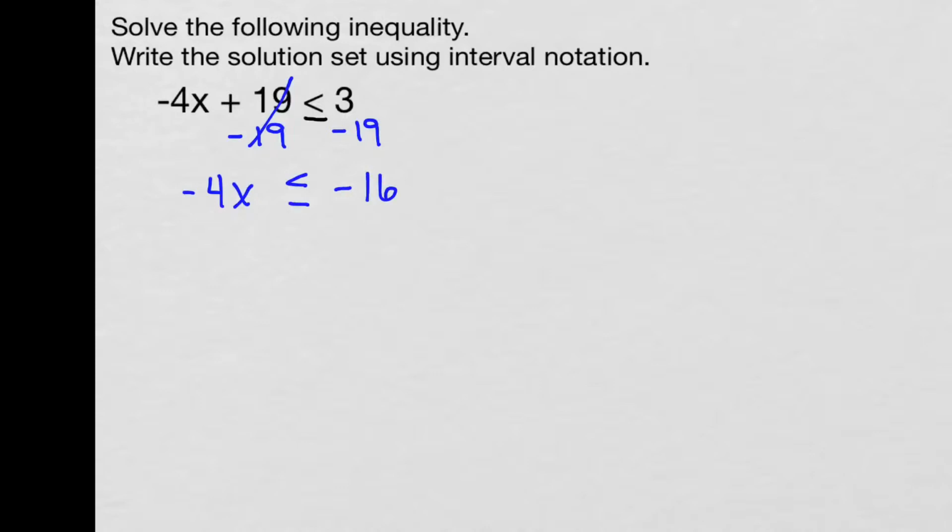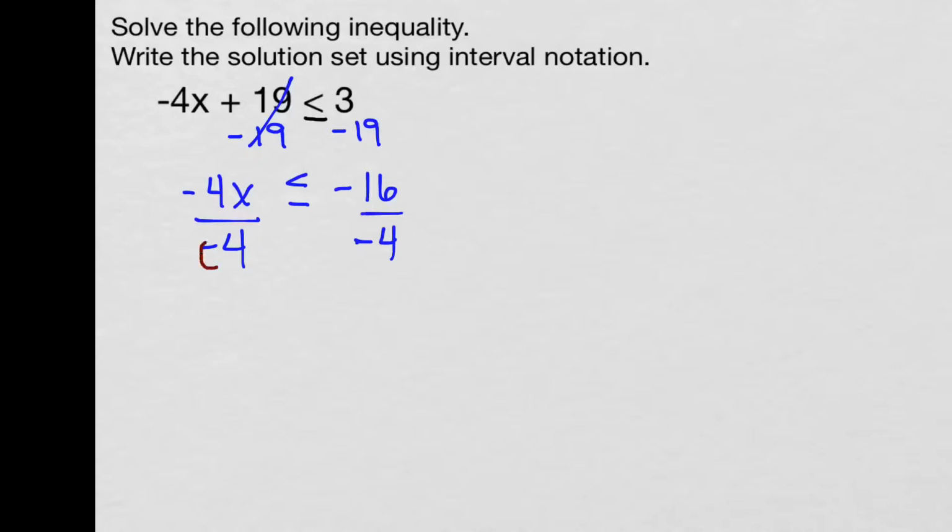Now our next step is that we need to get the x value by itself, and so what we need to do is the opposite of negative 4 times x, which is dividing by negative 4. So we will divide each side by that negative 4. Now when we divide by a negative number, it causes our inequality symbol to flip.